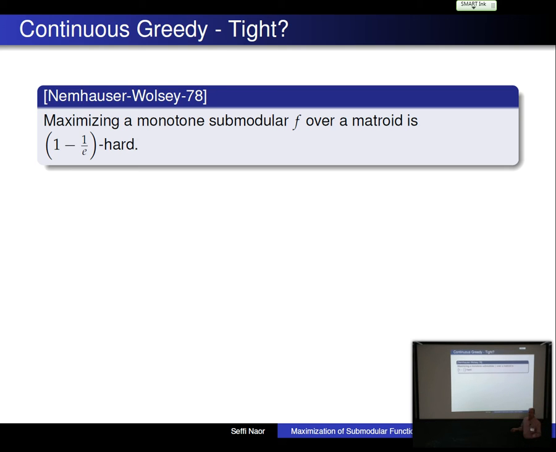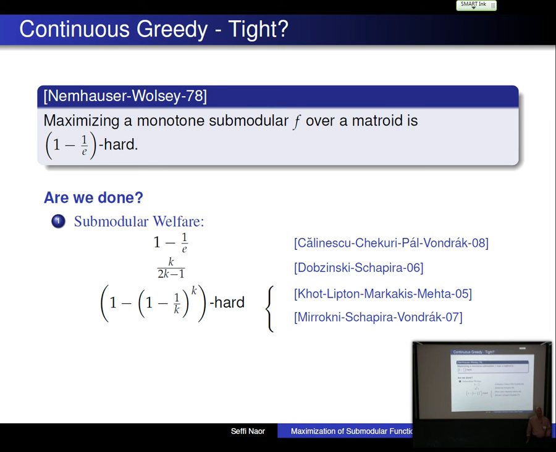Now we know this is optimal because we know that maximizing a monotone submodular function over a matroid is 1 minus 1 over e hard. But is this the end of the story? So first of all, what do we do with a non-monotone function? Second of all, even for a monotone function, let's take the submodular welfare problem that I mentioned in the beginning of the talk.